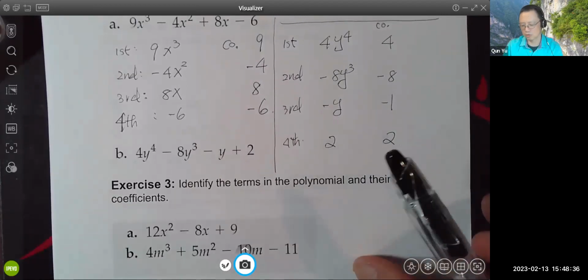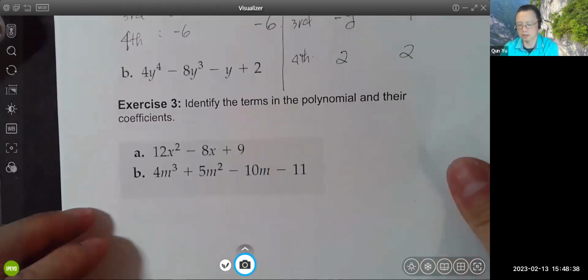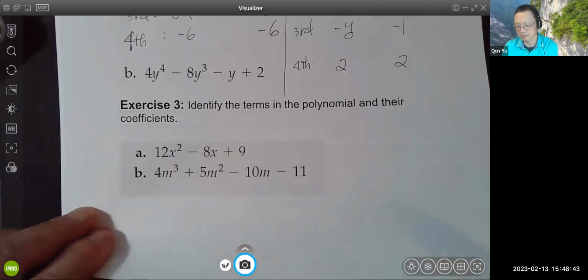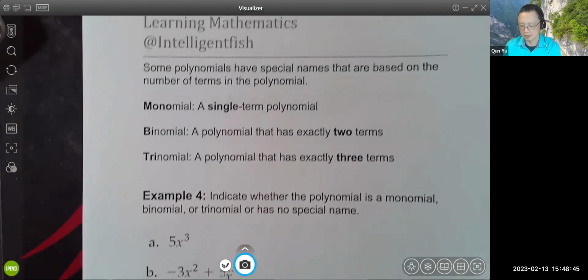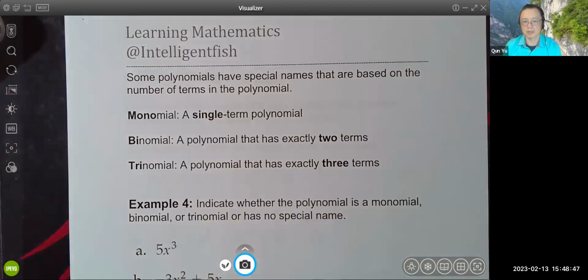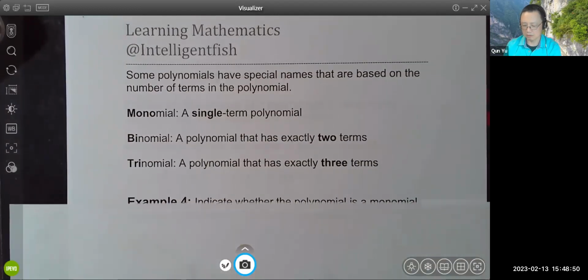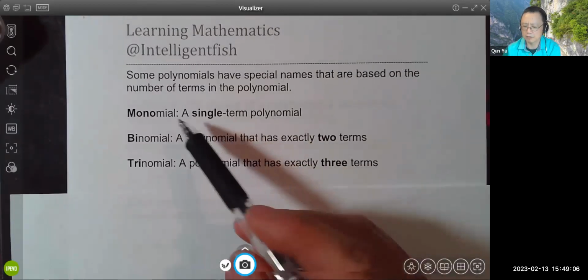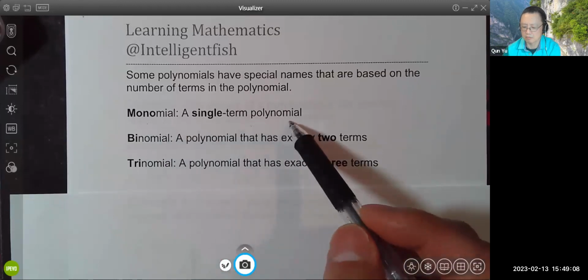And you have two similar questions here for exercise number 3. Now, some of these polynomials, remember, even if you have a monomial, we can officially call it a polynomial. It's a special polynomial. But some of these polynomials have their own special dedicated names because they're popular. The first one is the monomial, a single term polynomial.